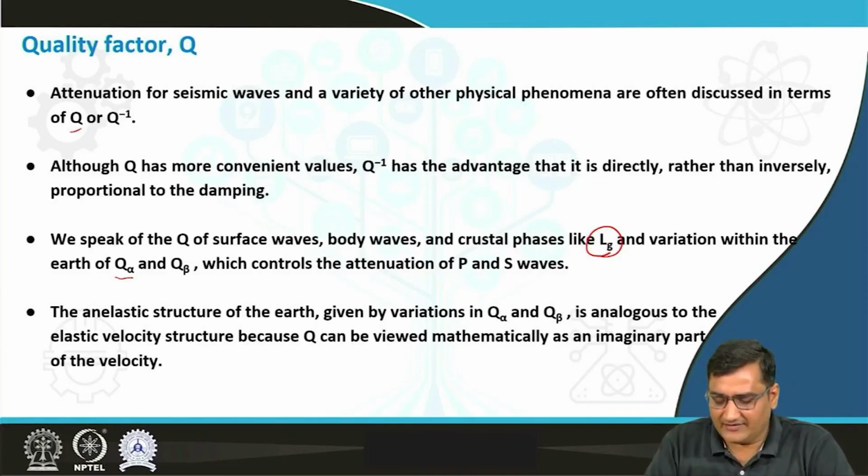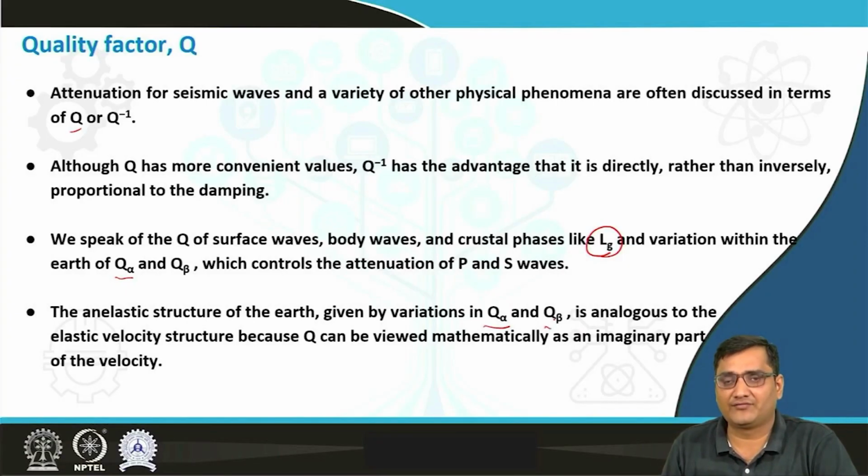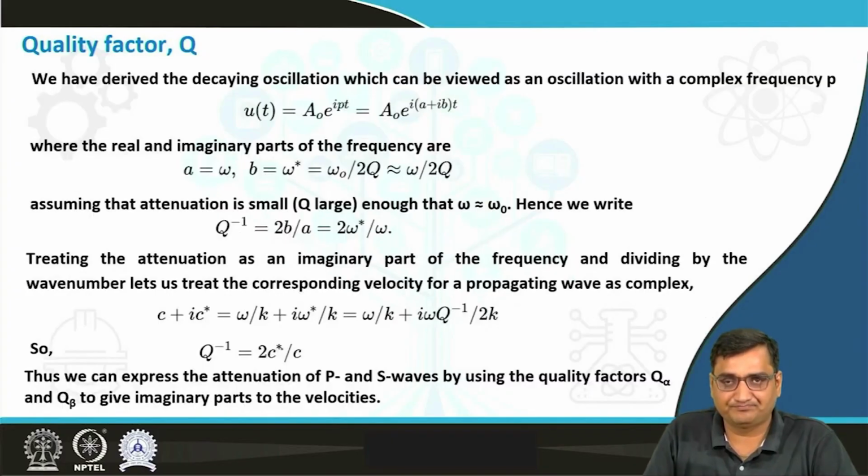The anelastic structure of the earth is given by variations in Q alpha and Q beta. So these are the quality factors for P and S waves, which are analogous to the elastic velocity structure because Q can be viewed mathematically as the imaginary part of the velocity.